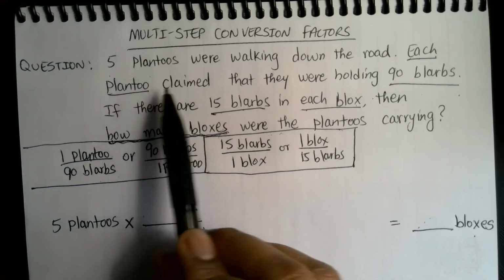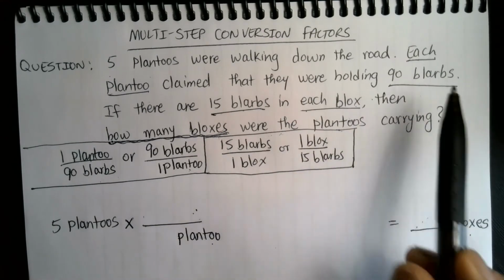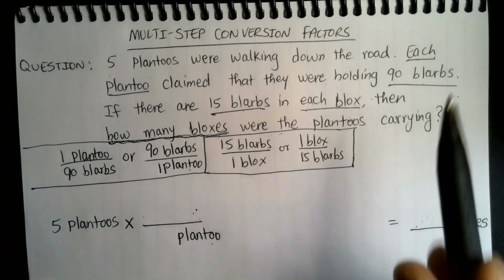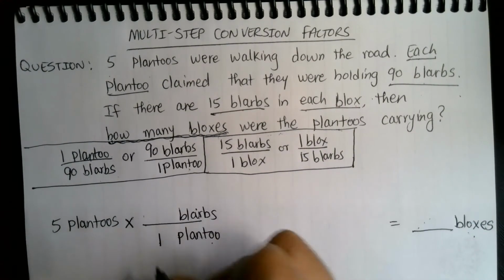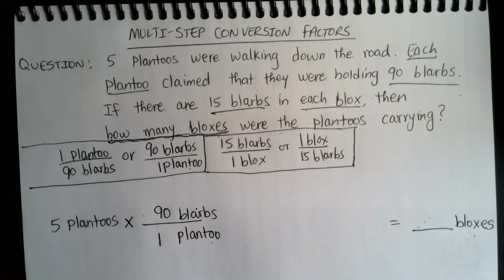Here I just look here, each Plantu claimed that they were holding 90 blarbs. I don't have a way to go to blocks, but I have a way to go to blarbs. I know that each one Plantu is carrying 90 blarbs. This is where you put faith in the question. If that question was designed to be solved, then without even thinking about the end result, you can just say, what can I do?